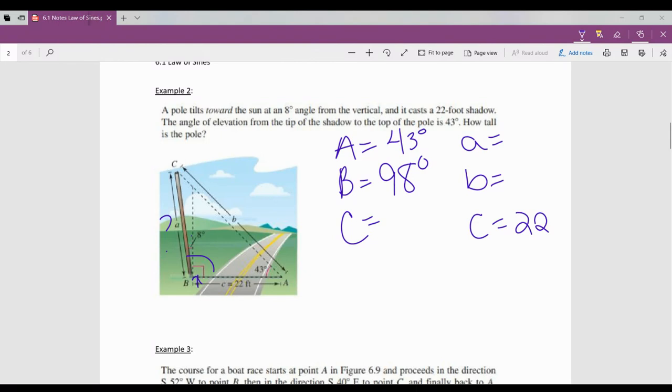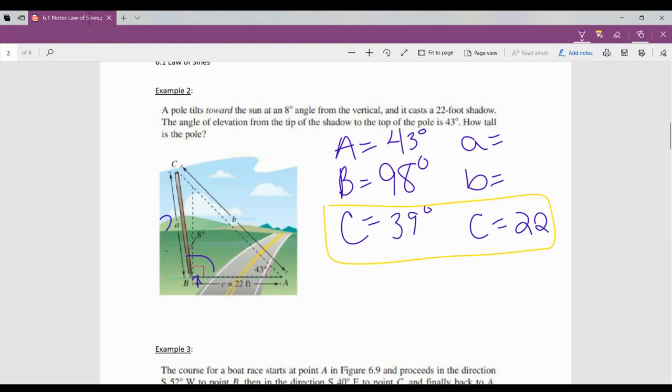I can easily find angle C because it's a triangle, so the angles should add up to 180. We subtract 180 minus 98 minus 43 to get angle C is 39 degrees. Now we have our pair that we're going to use for the law of sines.